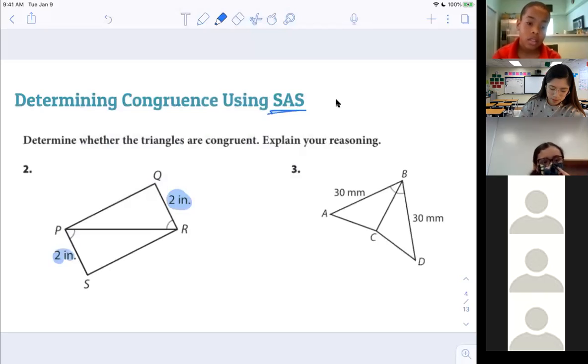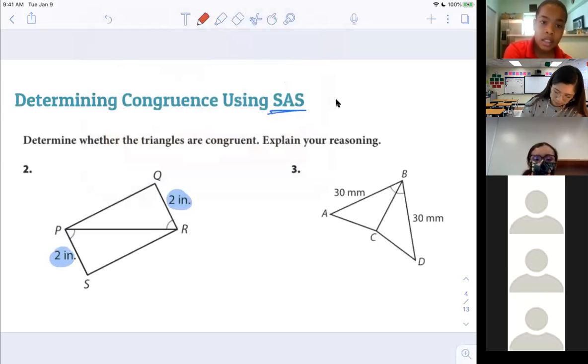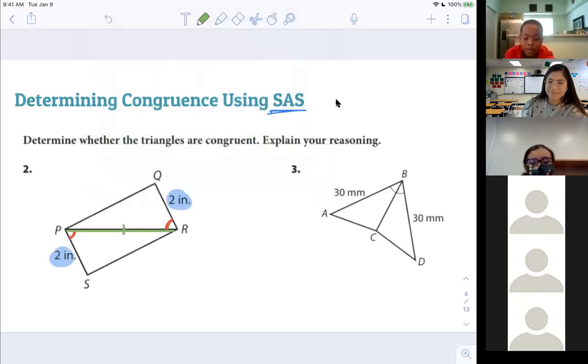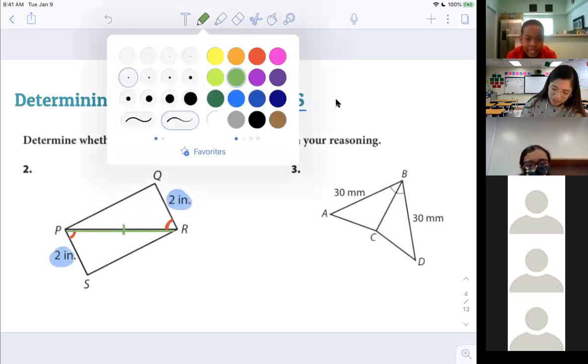So I have angle P and R are the same angles because it has the circle thing right there, and then it already shows one of the sides. All you have to do is find out the other one, and that's the same length of the other side because these two are the same. What's that property called? Reflexive property. Reflexive property, exactly, just like Daniel said.